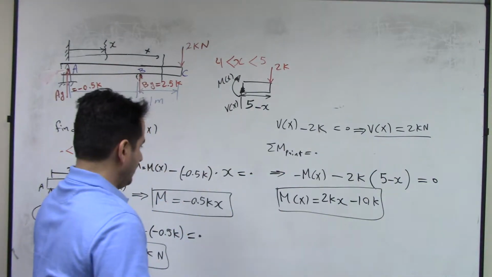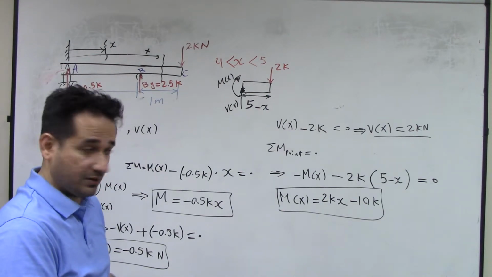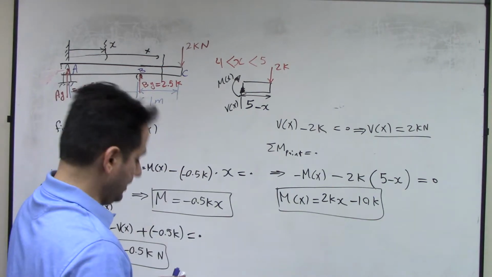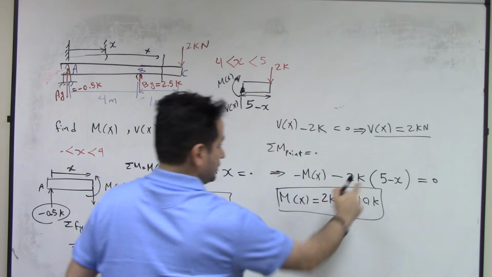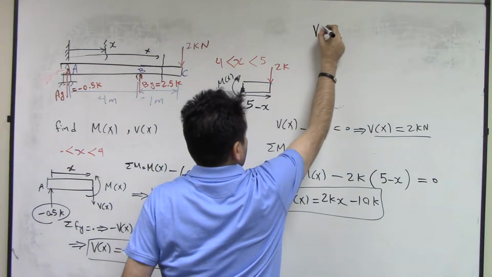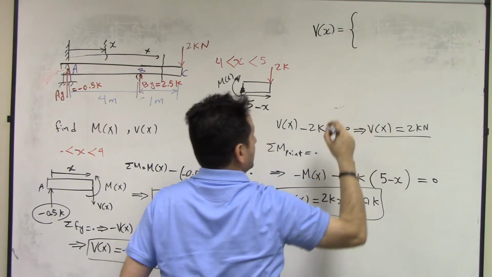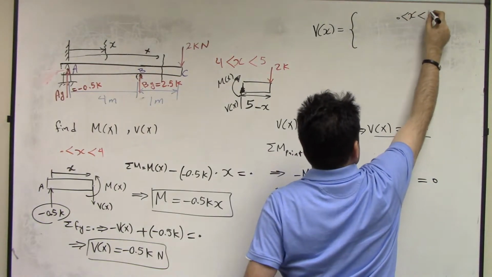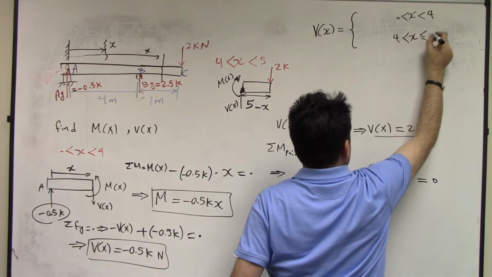Okay. Now, let's put this in an organized way, instead of having all this computation, because we don't have infinite time, unfortunately. So I'm going to summarize my moment equation and shear equation here. So Vx is equal to, if x is between 0 and 4, and if x is between 4 and 5.